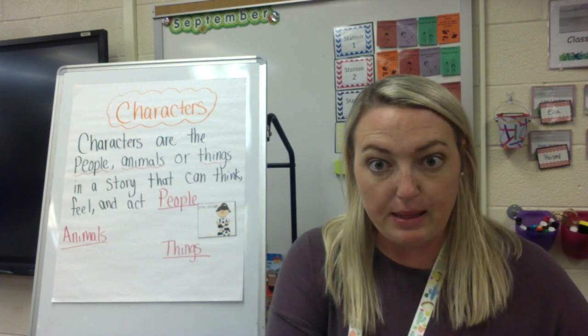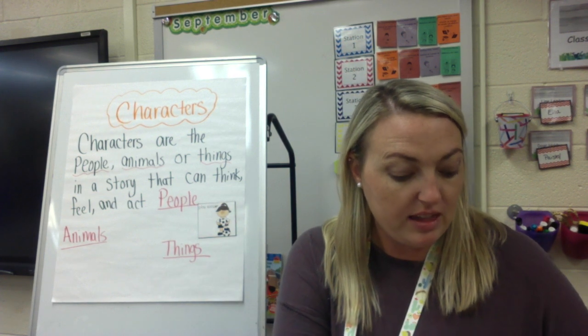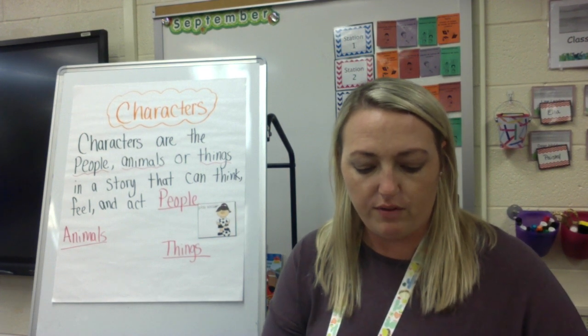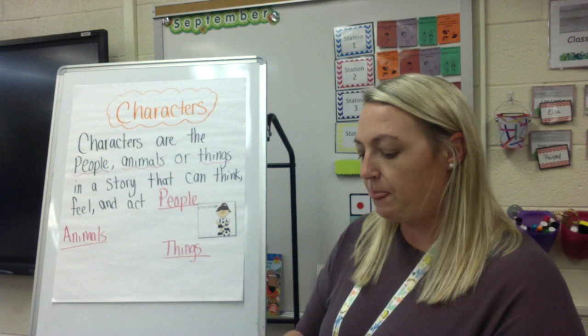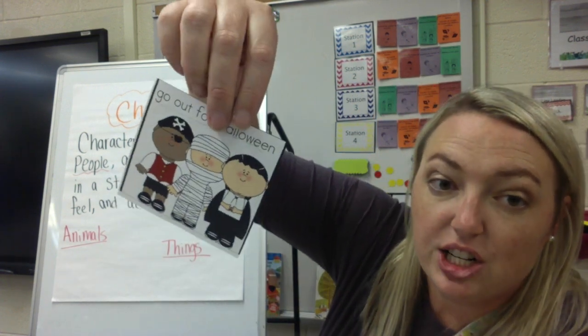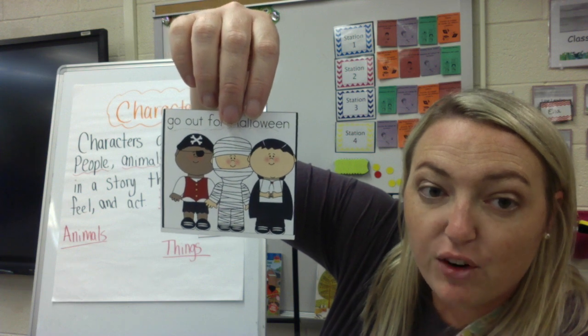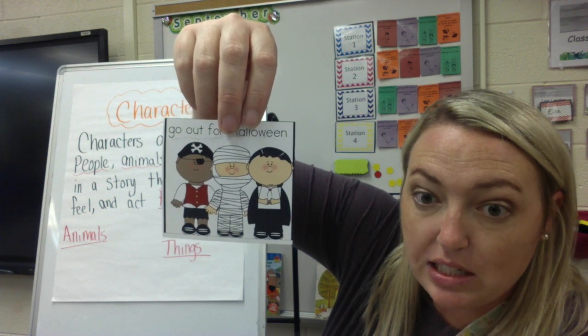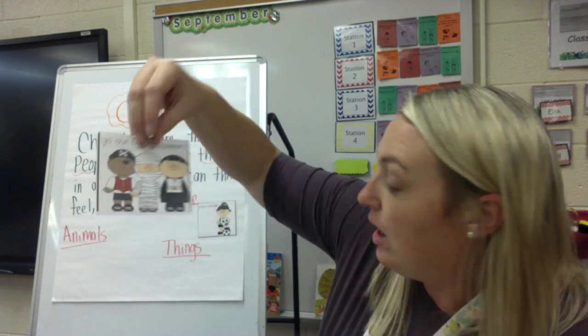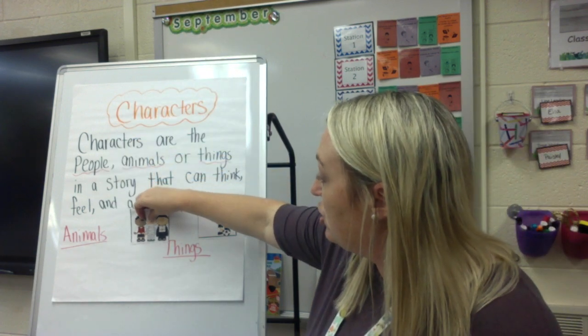And I bet a bunch of you are getting excited for this thing that's happening at the end of the month. Wonder if you know what it is. Halloween. Here are some characters, and they're dressed up for Halloween, and it all looks like they're excited and happy as well. So people can be characters in our story.